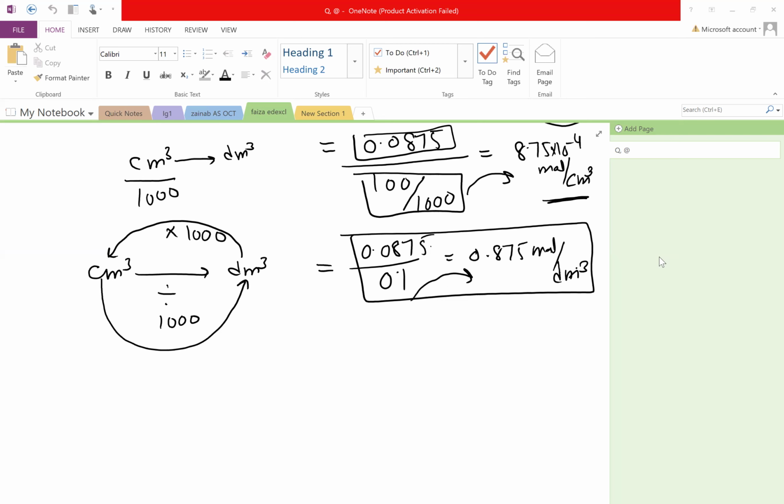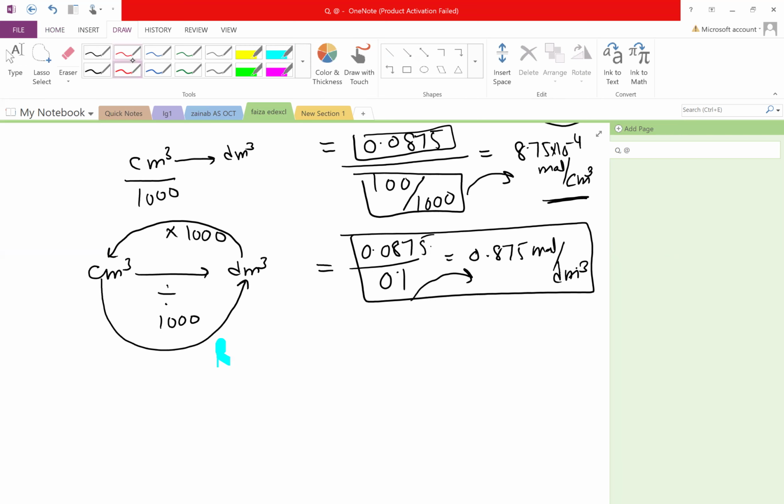Okay, so now do remember one thing, whenever you find the relative molecular mass, how do we find it?